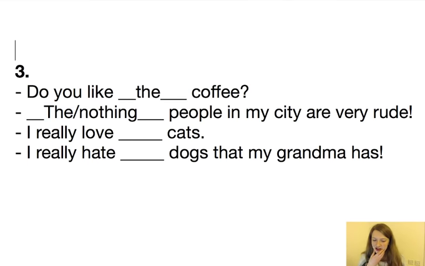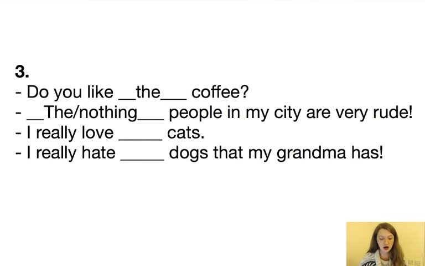I really love cats. What do we think here? Do we think we should have an article or no article? I really love cats. So remember, it's a plural, so we can't say a and an, because these are only with singular, but the can go with singular and plural. But do I need this? Imagine I'm speaking in general. Do I need it? No, exactly.